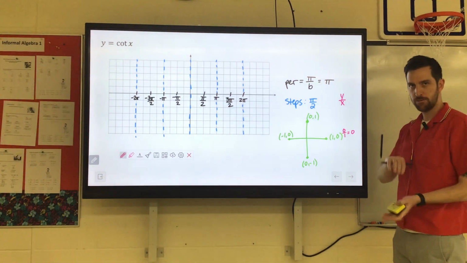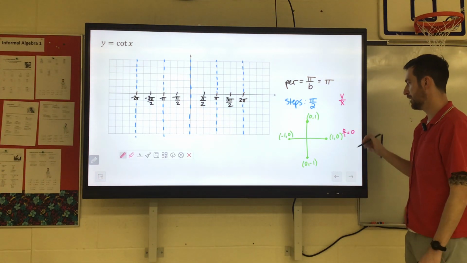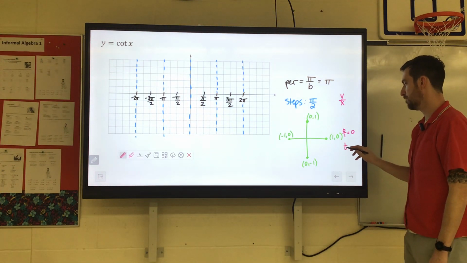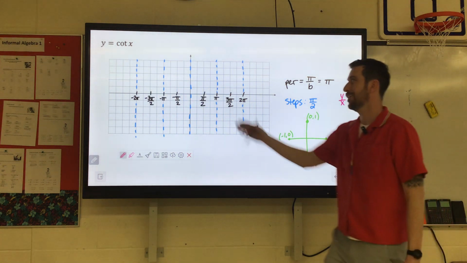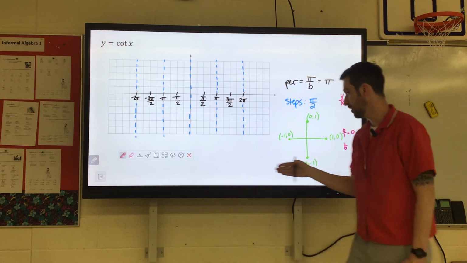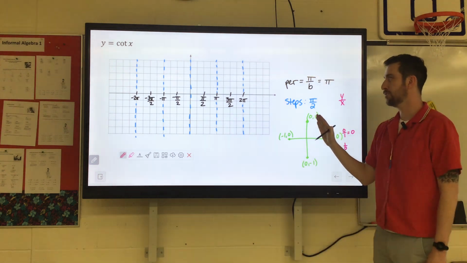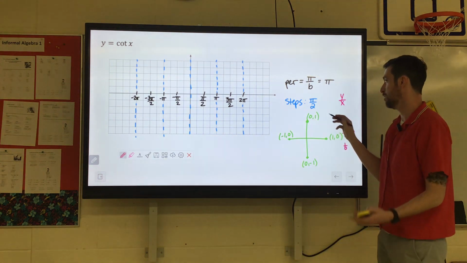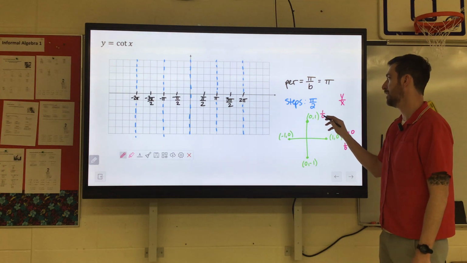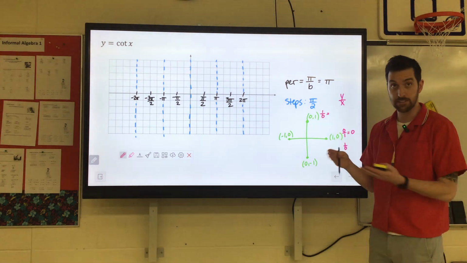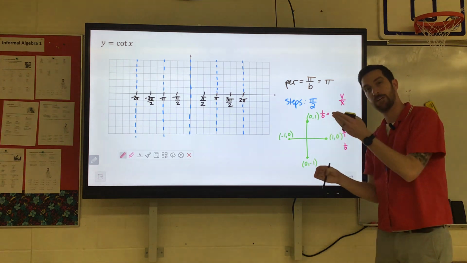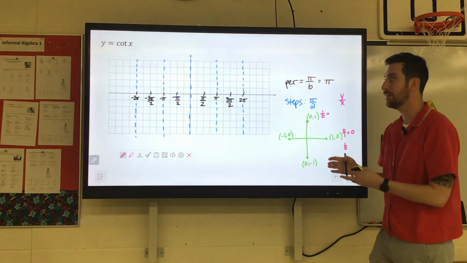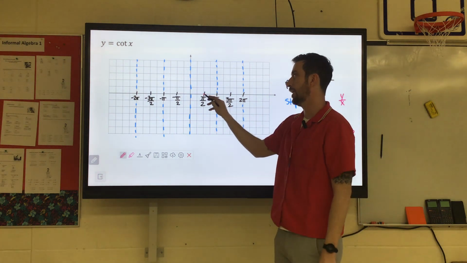But cotangent, if you use the reciprocal of that, that would be 1 divided by 0, which is undefined. So that's why right at 0, you're going to have a vertical asymptote. Over here at pi over 2, we used to have a vertical asymptote, because if you did y divided by x, that would be undefined. That's why we had one for tangent. But if we flip that over, it becomes 0 over 1, so there will be a point right at 0.